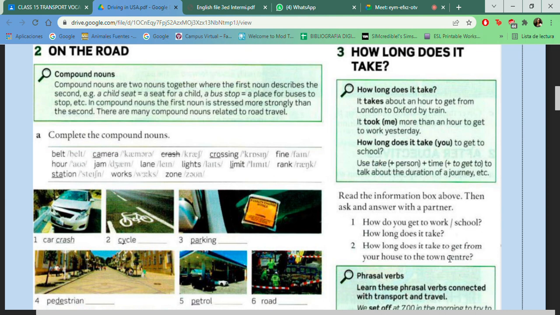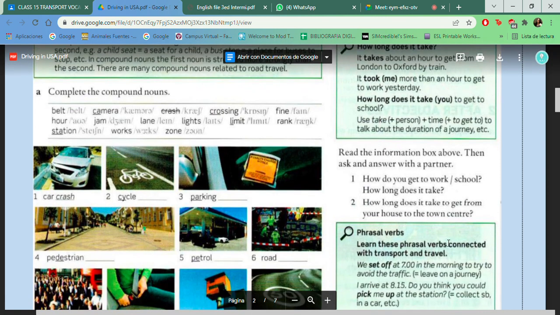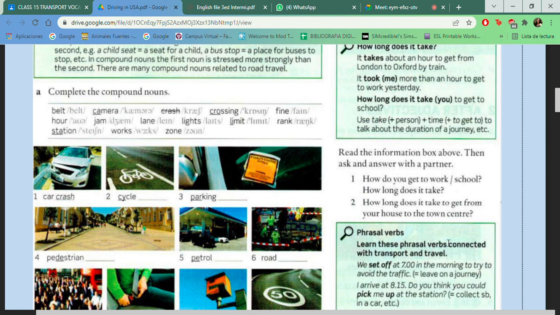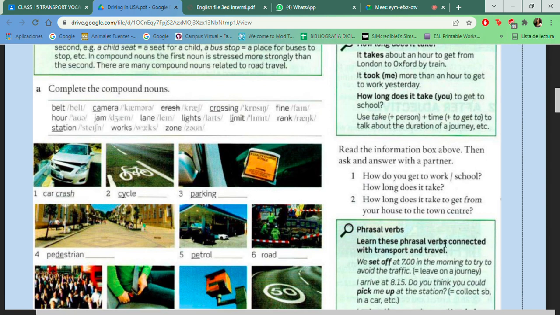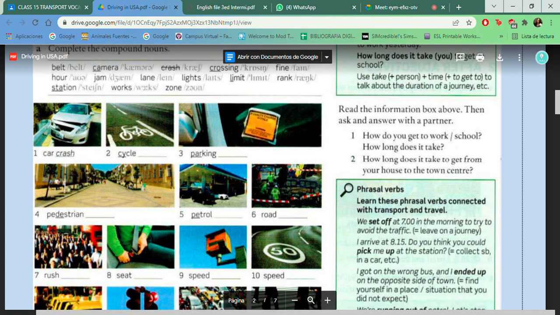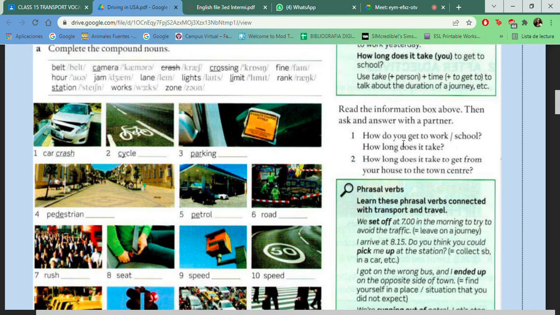To talk about the duration of a journey, of the commute. Well, the commute is the journey from home to work and the other way around, so from your work to home, to go back home.